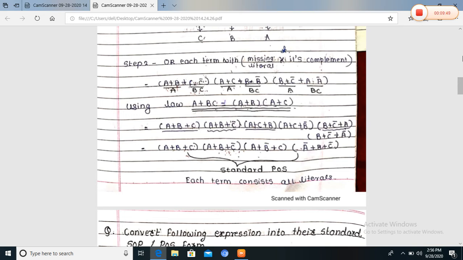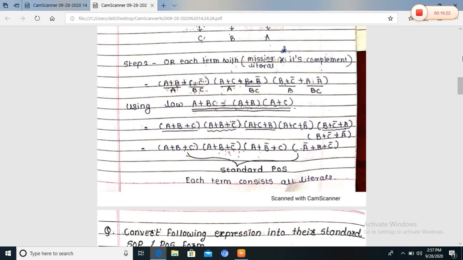So the bracket is split, with A + B as the A term. A + BC is equal to (A + B)(A + C).